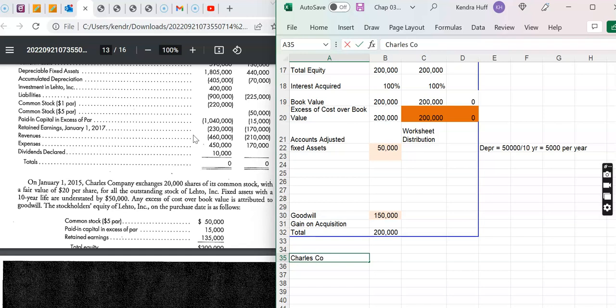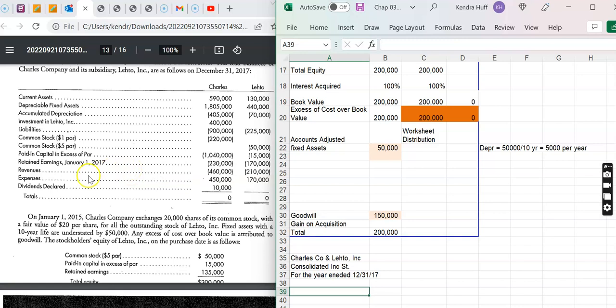So Charles Company and Leto Inc. Consolidated income statement for the year ended December 31st of 17.